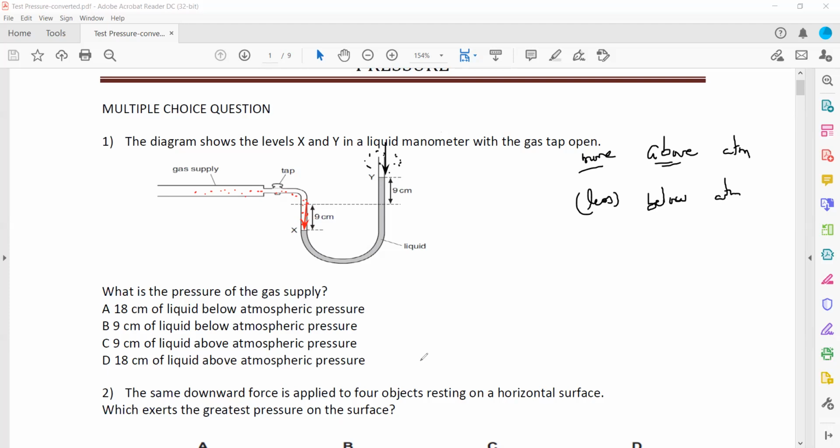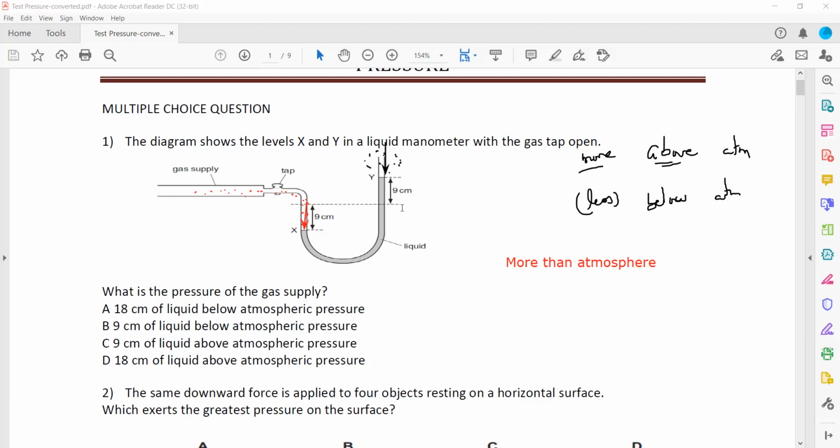Yeah, good. So basically, when you see this manometer, from this figure we can say it is more than atmosphere. It is more than atmosphere because the gas is pushing much harder, exerting more pressure.